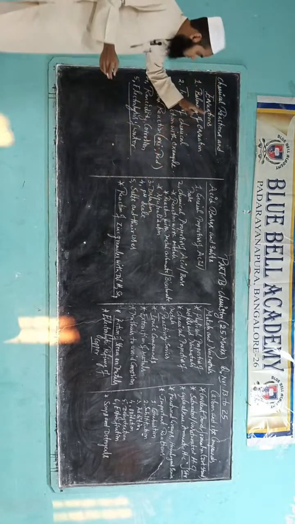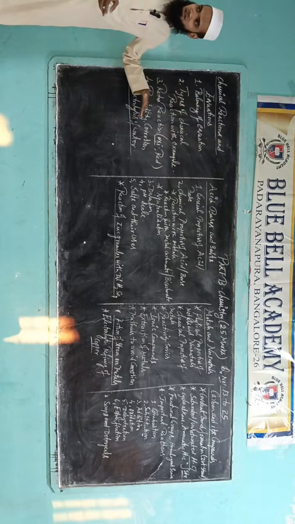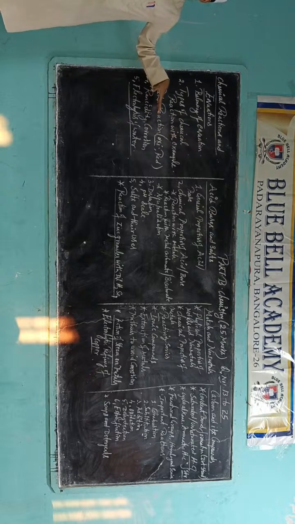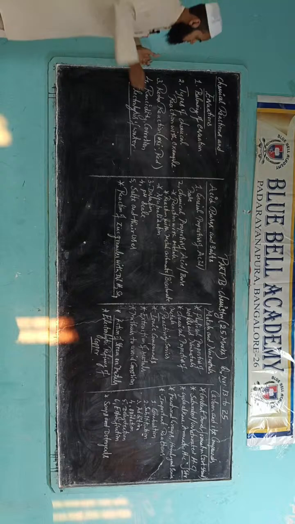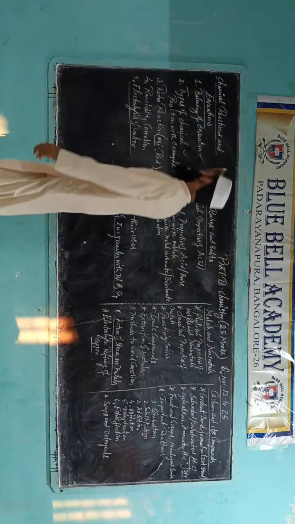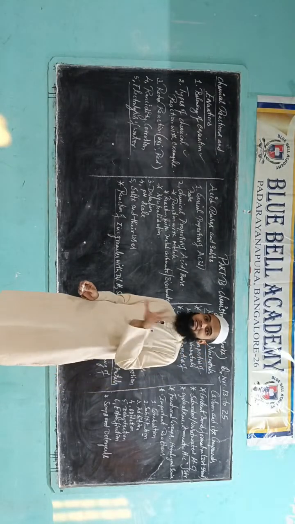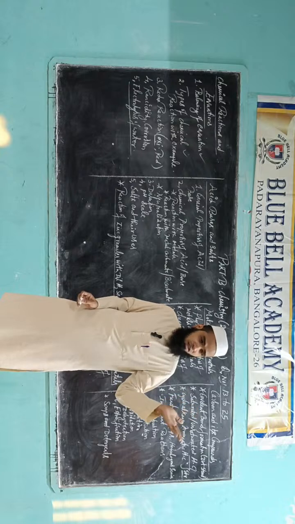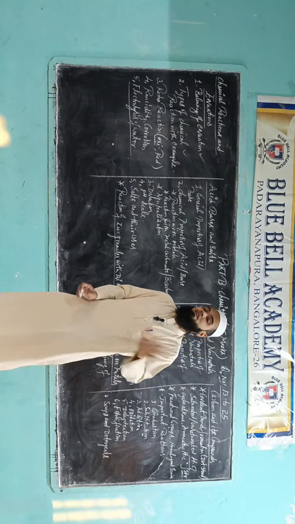Okay, so this much is to be learned in the chemical reactions and equations chapter if you want to memorize it completely. Otherwise, if you want to learn only the very important things, just cover these two: balancing of equations and types of reactions with examples. In that you have to cover oxidation, reduction, thermal, electrochemical, photochemical and decomposition reactions, all with their equations.